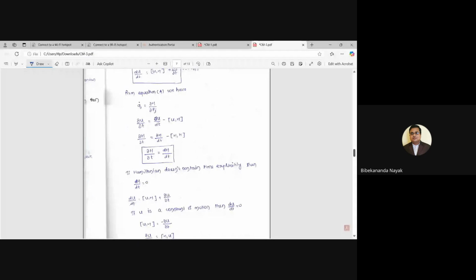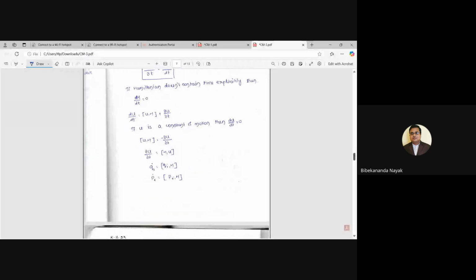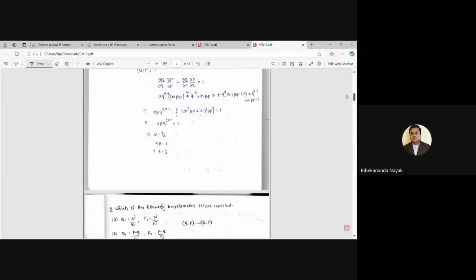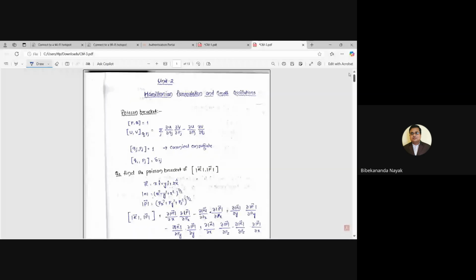Again, with some equation, there is something known as the Poisson bracket of two quantities. There is a bracket known as the Poisson bracket. The Poisson bracket of two quantities u, v with respect to q, p can be written as a sum over j if there are many variables.